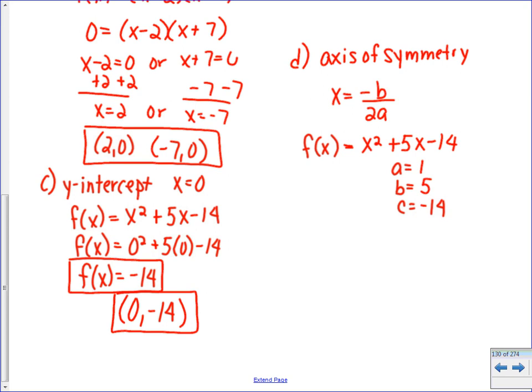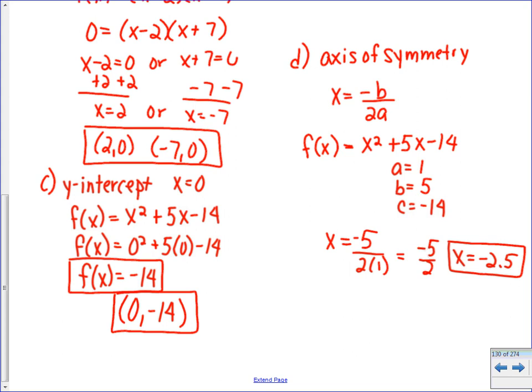When I substitute in, I have negative b over 2 times 1. I'm going to get negative 5 halves, or x equal to negative 2.5. That is my axis of symmetry.